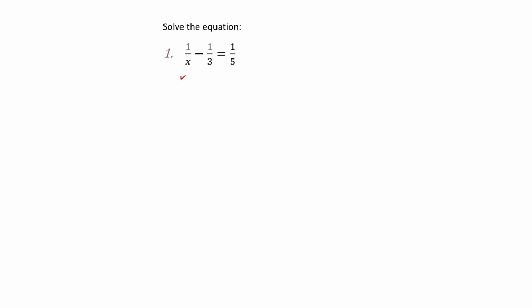So we multiply throughout by 15x. 15x is our LCM. We multiply each of these: 1 over x by 15x, 1 over 3 by 15x, and again 1 over 5 by 15x.